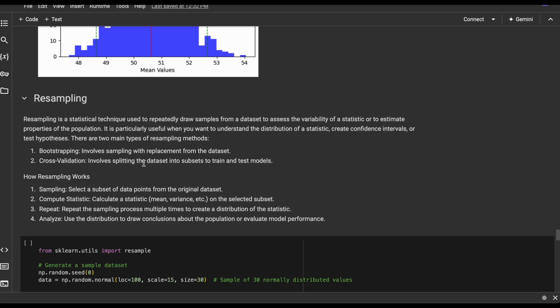Why do we use resampling? Resampling allows us to assess the variability or stability of a statistic like the mean, median, or regression coefficient across different samples, and provides insight into how the statistic might change with different data.